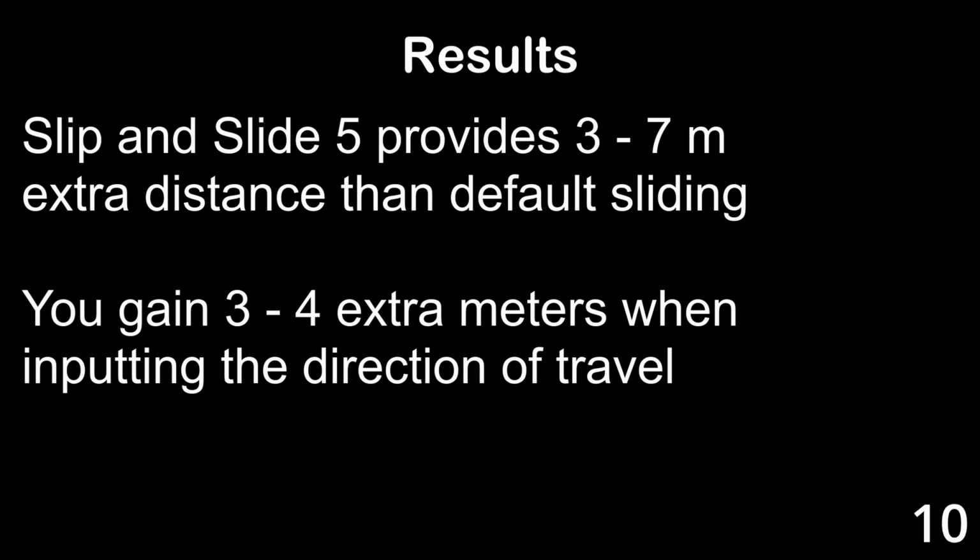As you can see, Slip and Slide 5 provides you around 3 to 7 extra meters sliding, whilst the difference between Slip and Slide's no input and input results provide you an extra 3 to 4 meters.